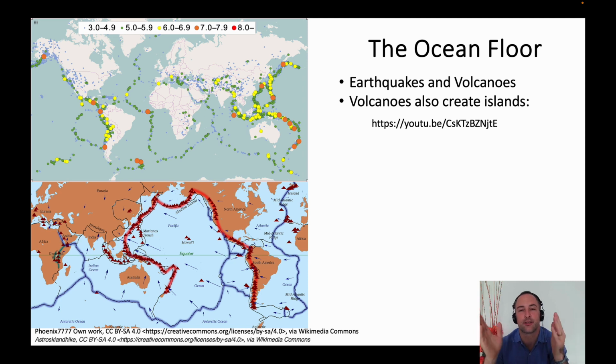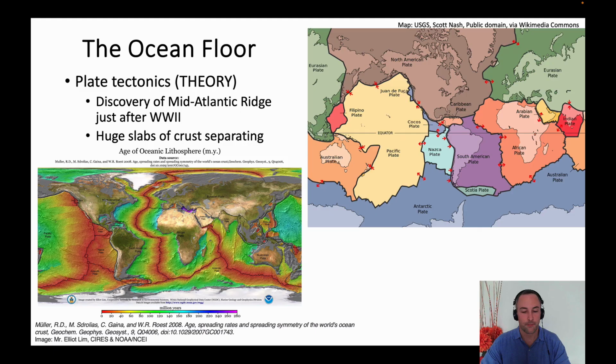So we actually see bands moving away from these spreading centers, where you have older and older rock as you get further from the spreading center, and we can go back and look at this registry and see the direction of the Earth's magnetic field at that time. It's really interesting that they allow you to think about that magnetism.